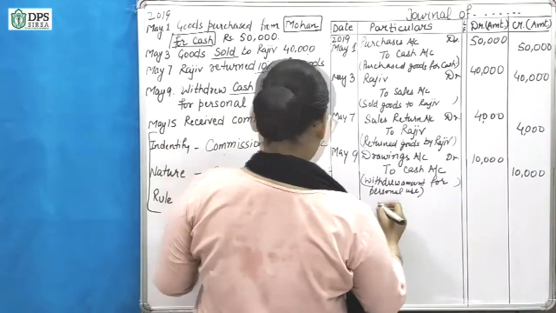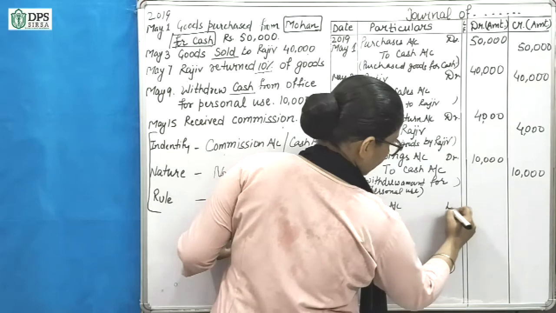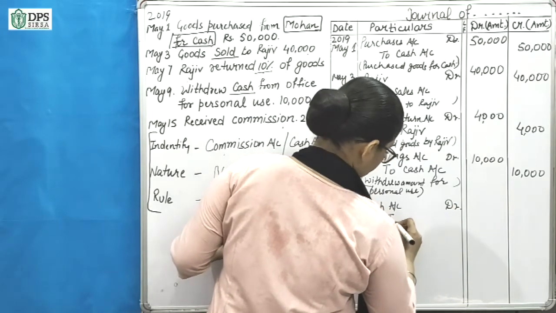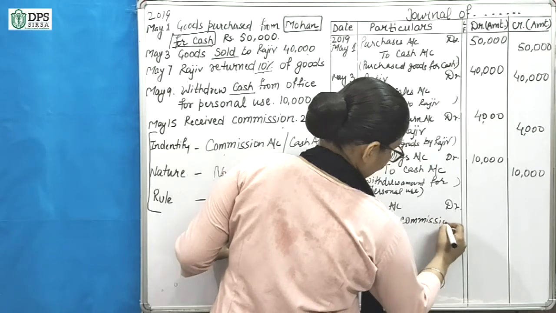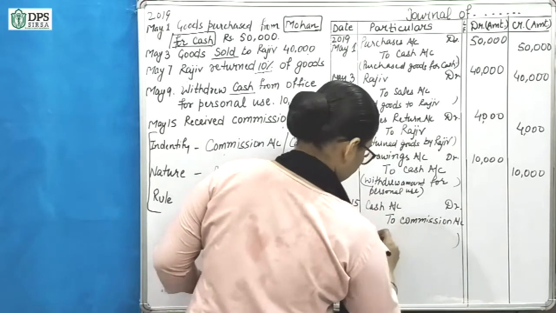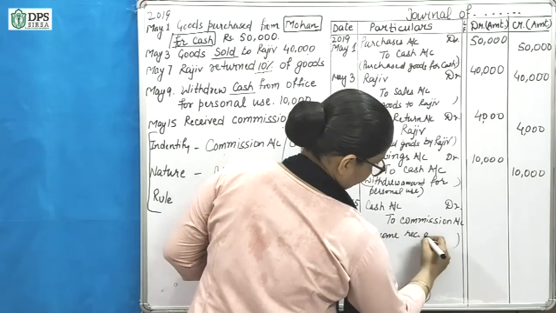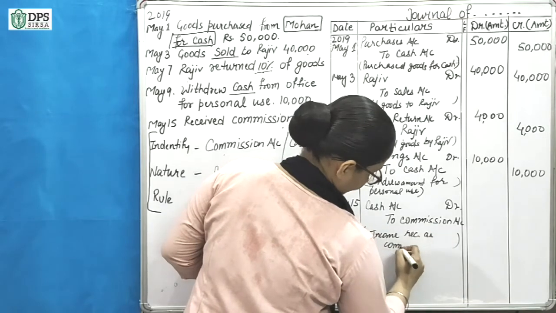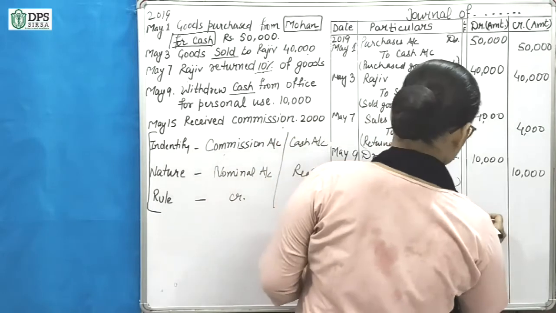Now we will write here: cash account debit because cash is coming, to commission account. The narration is: income received as commission. And the amount is 2,000.